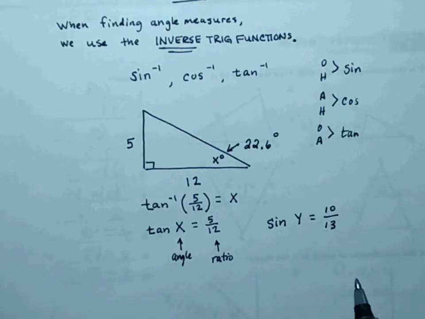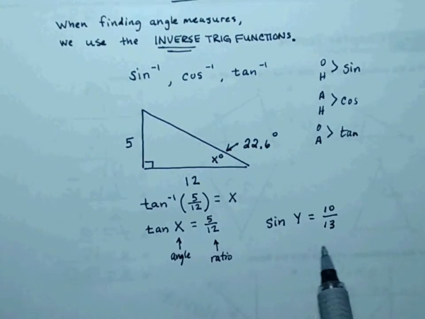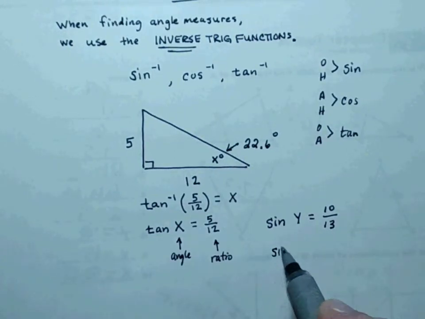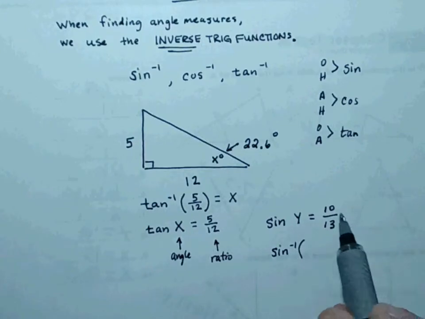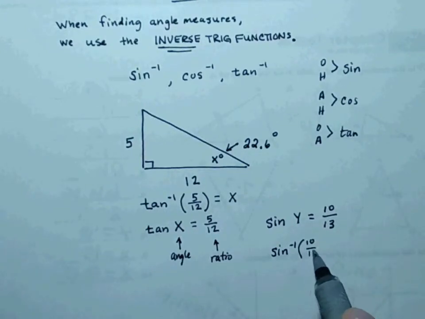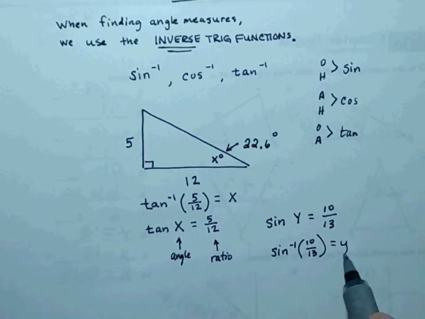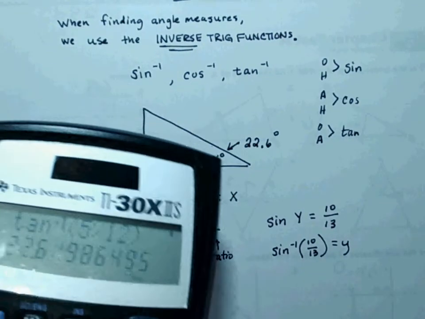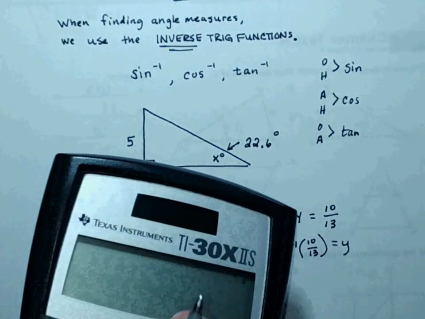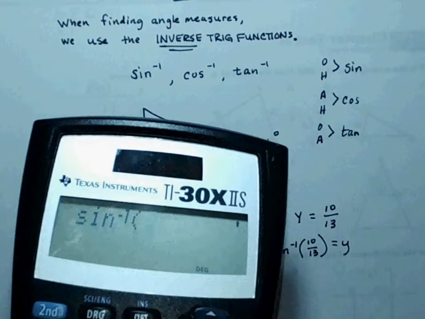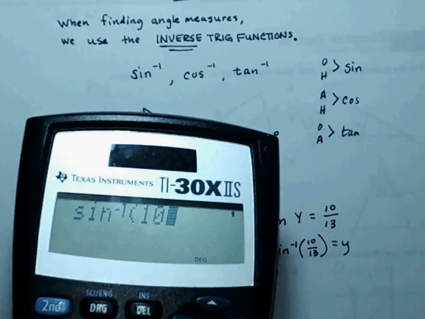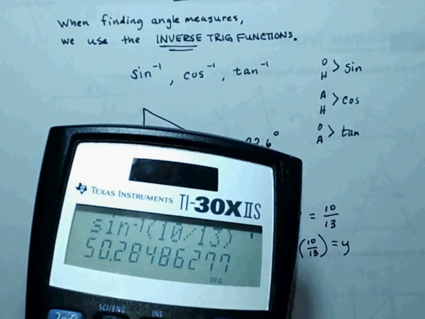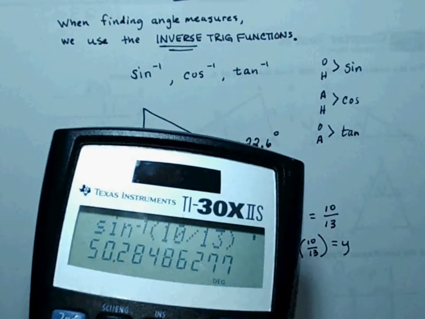Well, all we have to do is change it to look like this. I'm going to take the inverse sine of my ratio, which is 10 over 13, and that's going to equal y. So I would plug that in. I would say second sine of 10 divided by 13, and that equals 50.3 degrees.